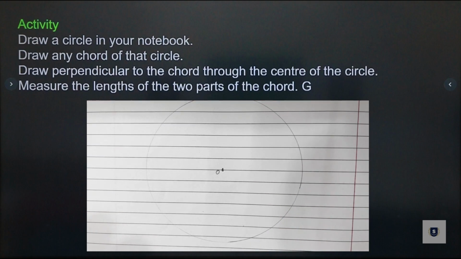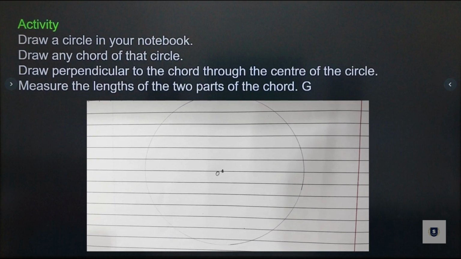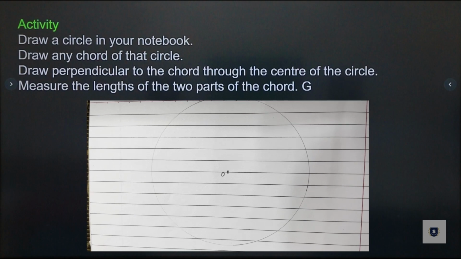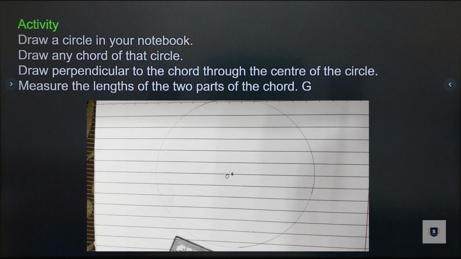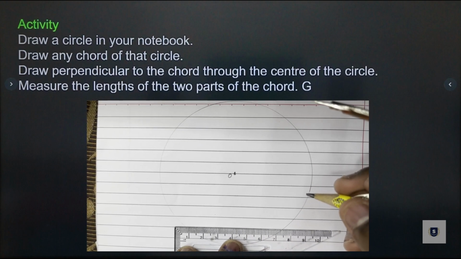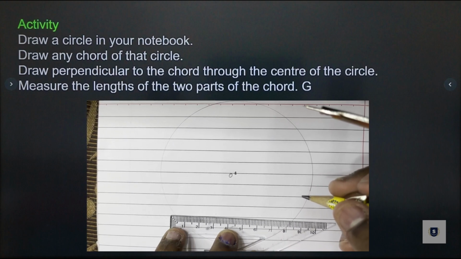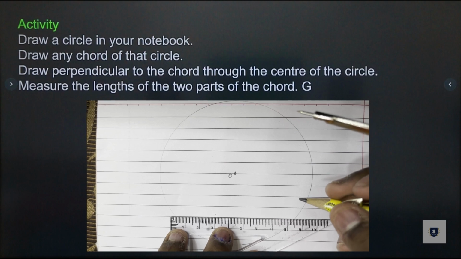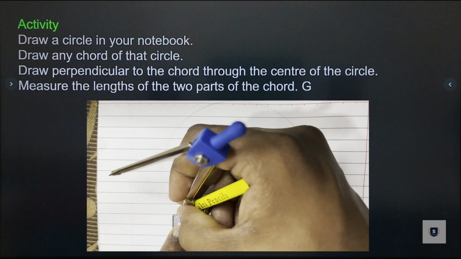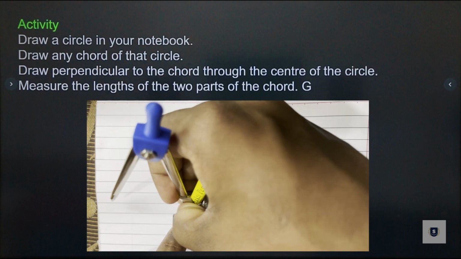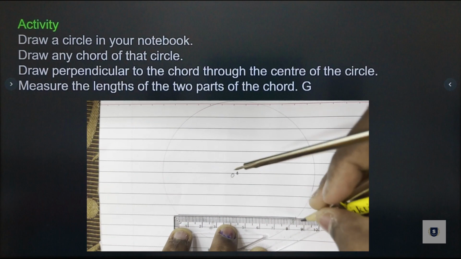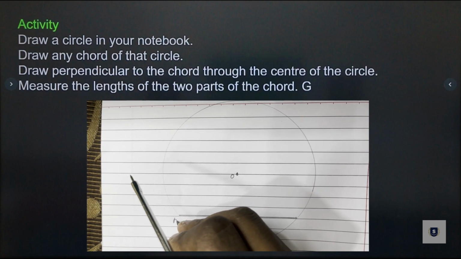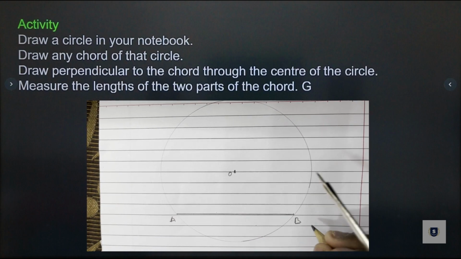Yes, very beautiful circle. Now draw a chord of your desired length. Now there are so many lines which can be considered as chord. Label it as AB, point A and point B.